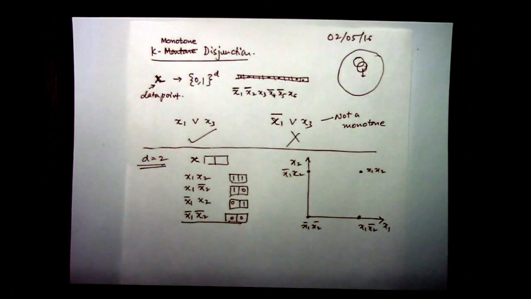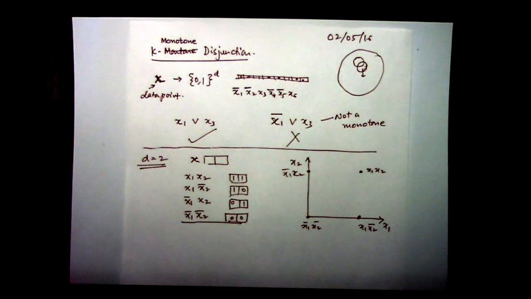The first thing that I said last time was that if your data is being labeled by a k-monotone disjunction, it means that you can draw a straight line to partition the two types of points. Let me explain it a little more. What does a concept do?